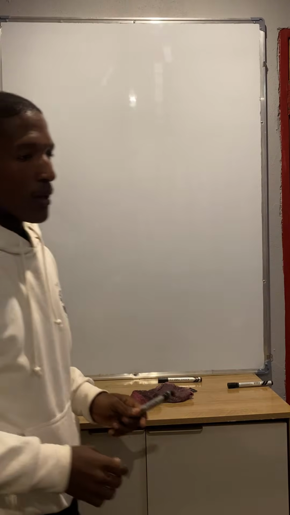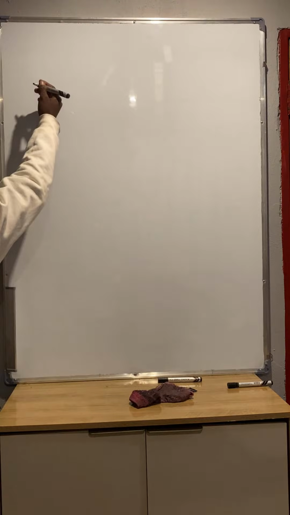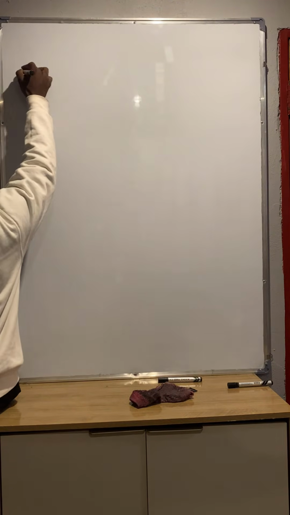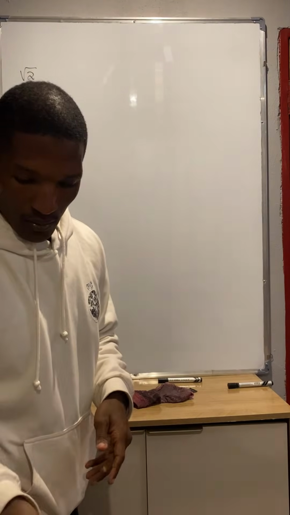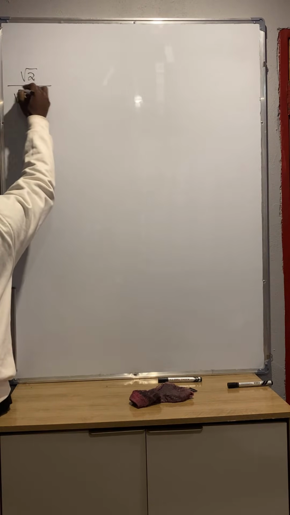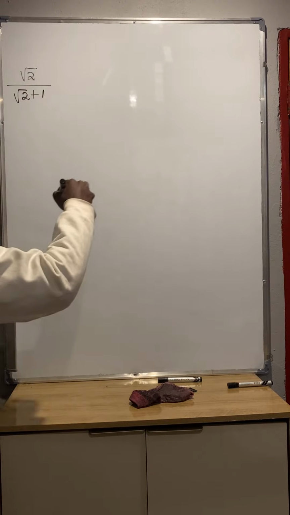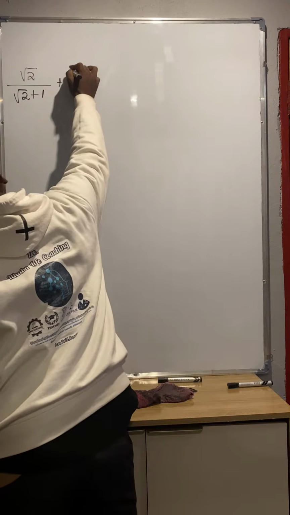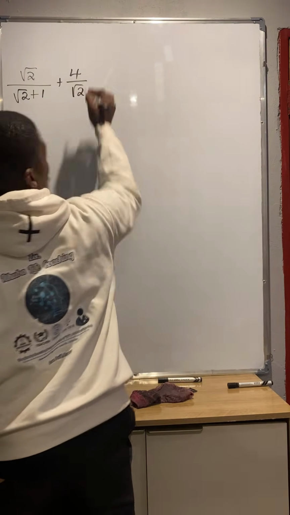And then now the question said 2.2. The square root of 2 over square root of 2 plus 1, plus 4 over the square root of 2.